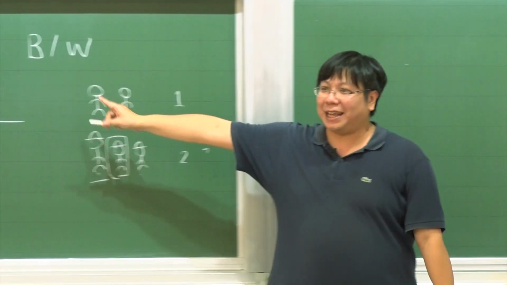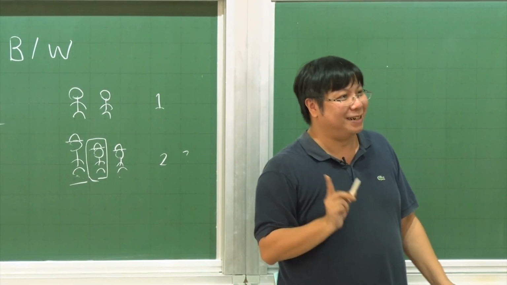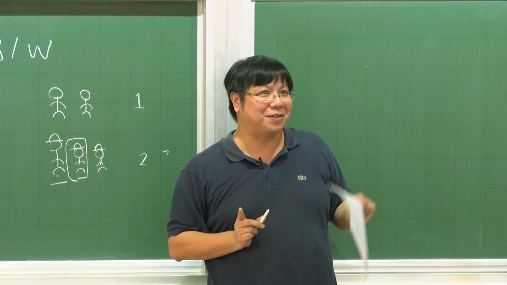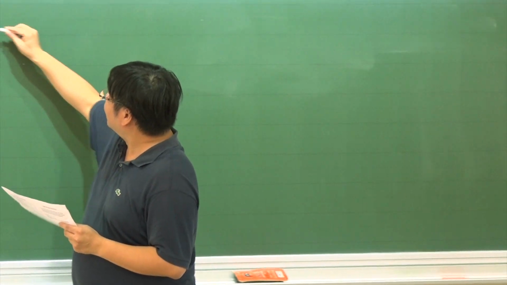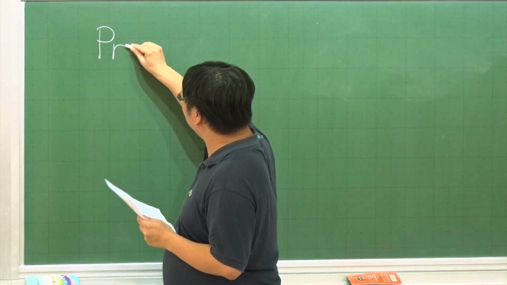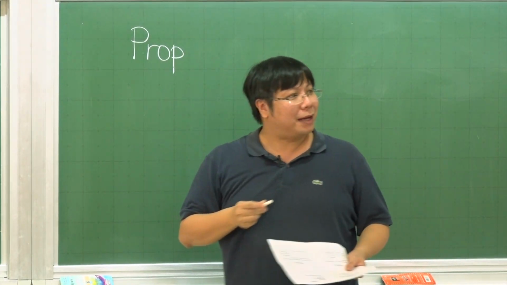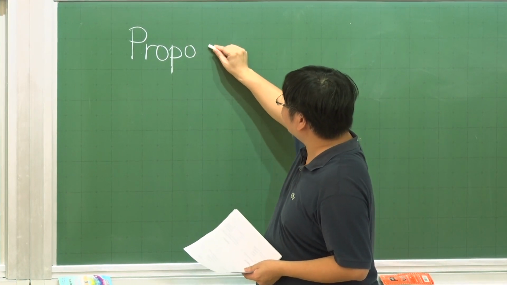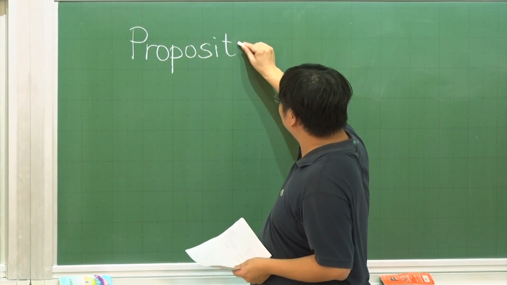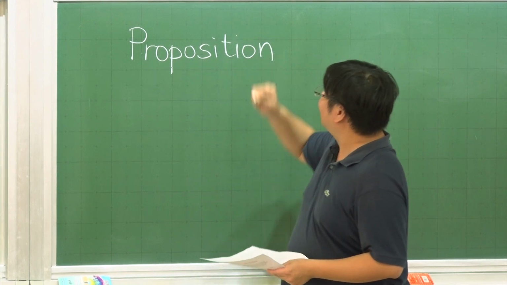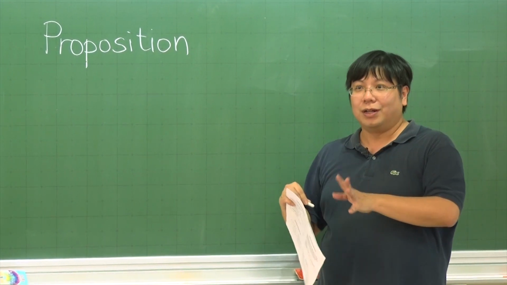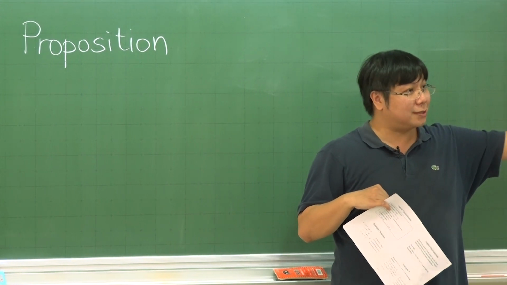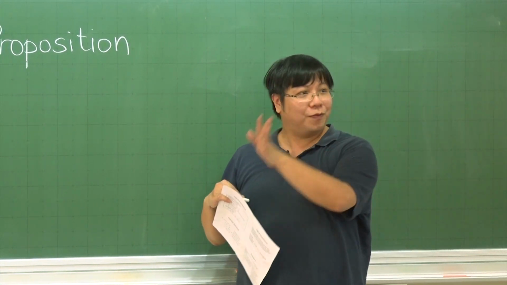Let us keep this question for a moment. Maybe something in the course material will help you answer this question. So we are going to talk about logic now, the introduction to logic. Logic is something that helps us understand what is correct and what is wrong, what is true and what is false.